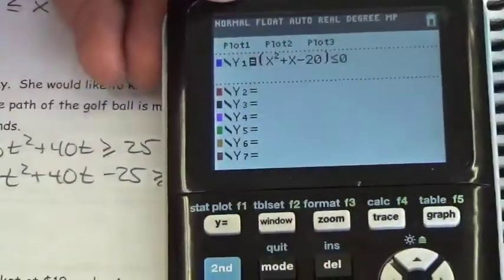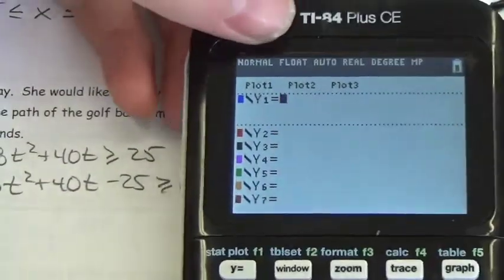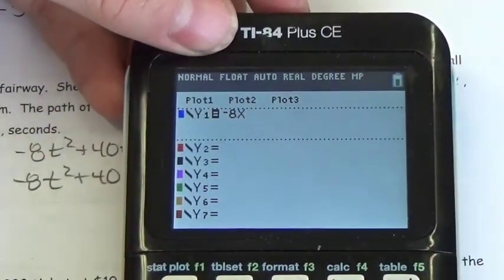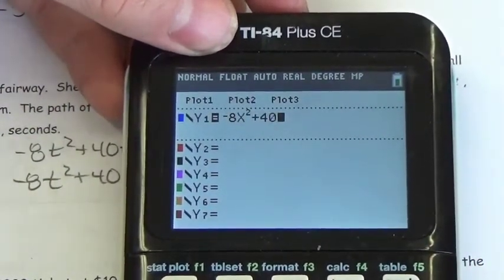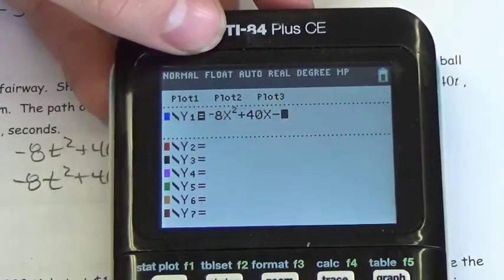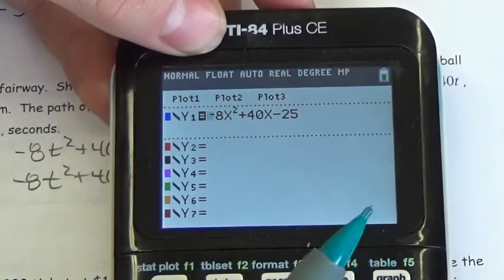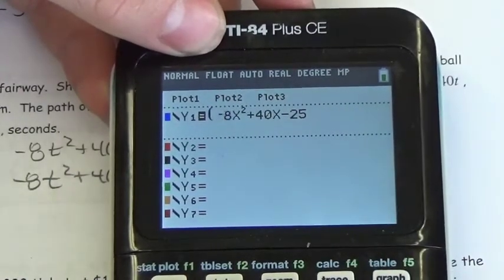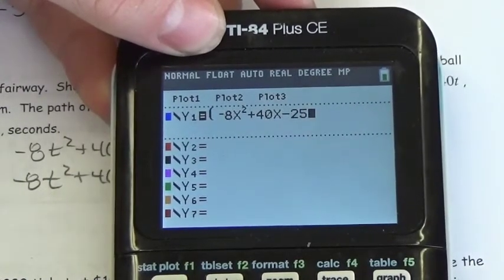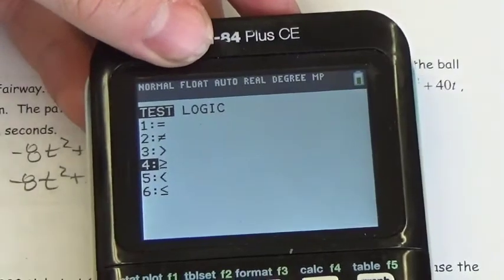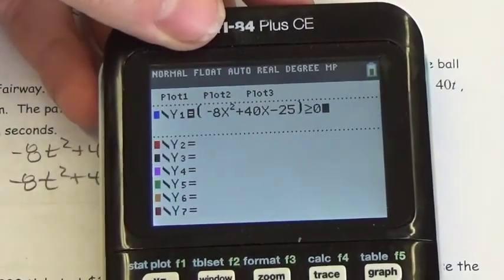So y equals, let's clear that up. What do we got here? Negative x squared, so negative 8x squared plus 40x minus 25. Oh, I forgot the parentheses. That would cause me a problem because the calculator would interpret it as just being compared to the negative 25. And I want that to be greater than or equal to 0.